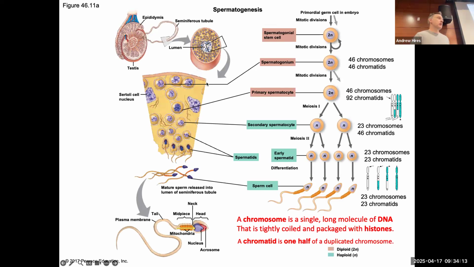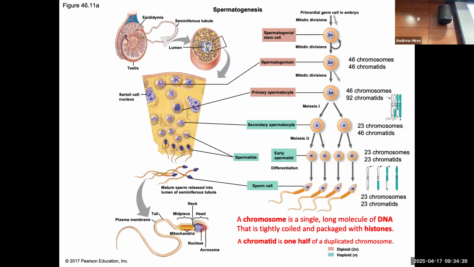It's a little bit confusing sometimes, like what is a chromosome and what is a chromatid? So a chromosome is just one long strand of DNA that's all coiled up on itself. It's packaged by histones, and that's what's visualizable on that karyotype where you see the 46 different lines lined up.